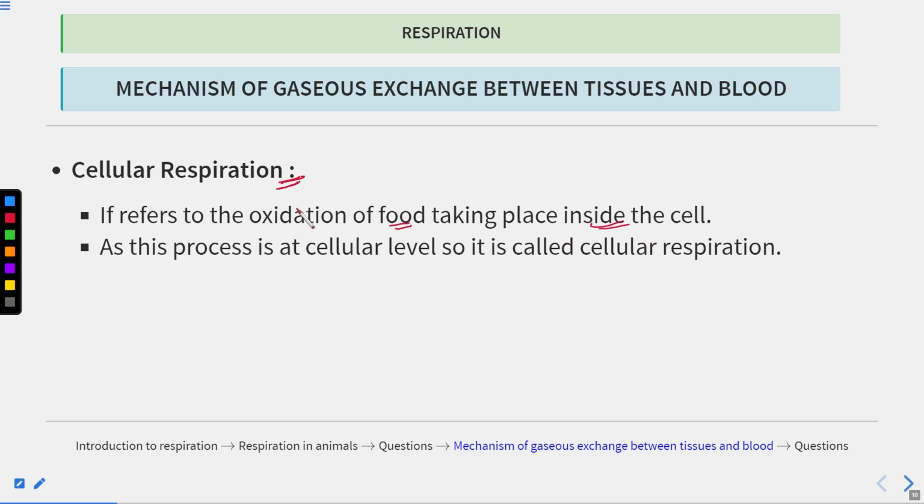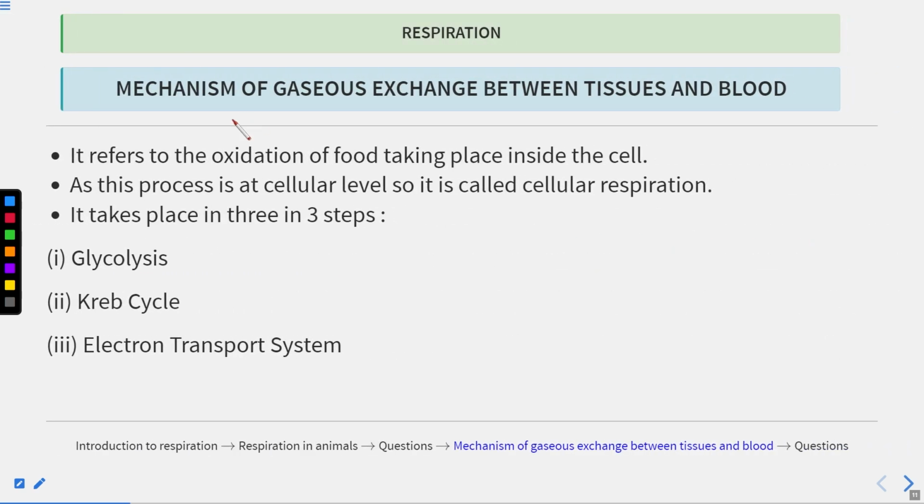That's why it is known as cellular respiration. Now, as this process is at the cellular level, it is called cellular respiration.